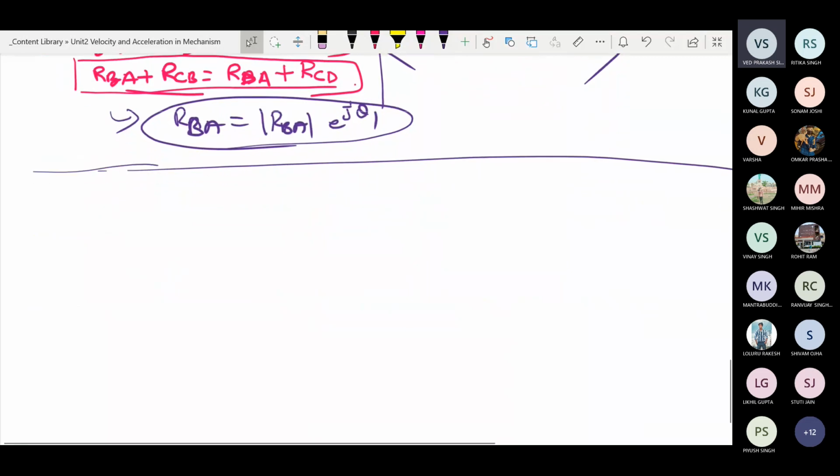Okay, I will show you the slider crank first of all. वो सिंपल है और थोड़ा सा उसको टिपिकल दिखाऊंगा, because you have different ways to write down. This is offset actually.